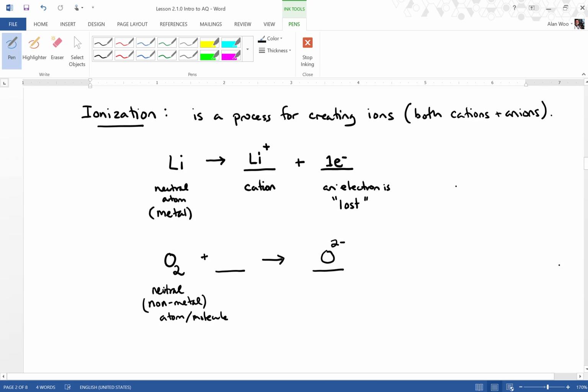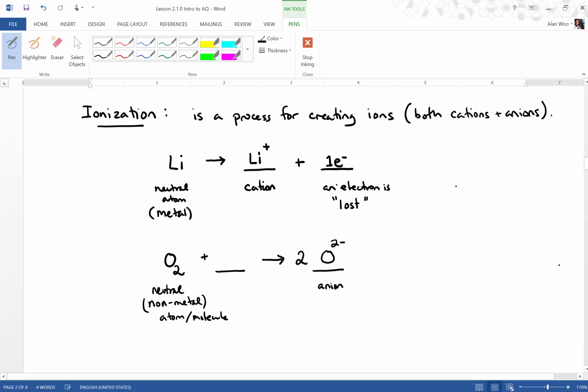One of the things that you have to remember is that when you're balancing out charges, you also have to make sure that the number of atoms are balanced as well. So since you have two oxygen atoms here, to make up this one molecule of oxygen gas, you're going to need a coefficient 2 in front of the anion.